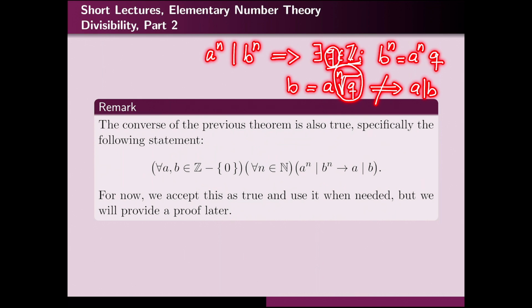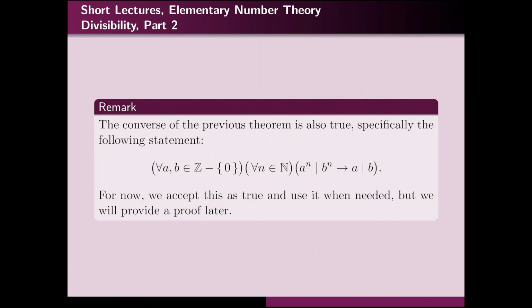It is not using the definition of divisibility directly, so we need more theorems to be able to prove that. But I want you to know that the converse of the theorem is also true, meaning that from this you can conclude this whenever you need. But let us defer the proof for a later lesson. Okay, so now let me give an example where you can use this one as well.